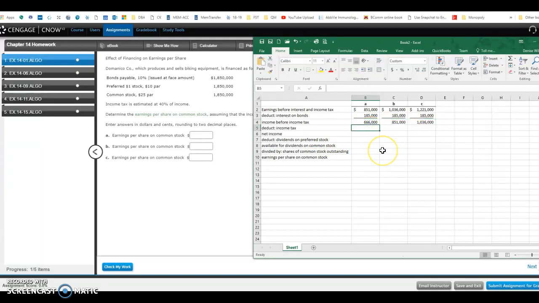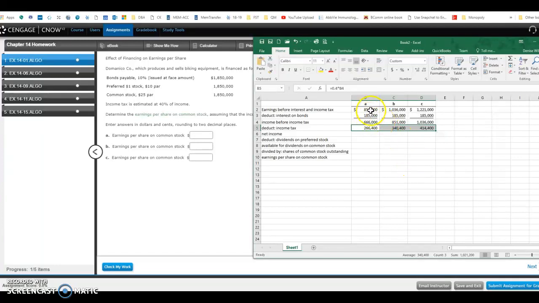The very next thing we're going to do is calculate our income tax. It tells us right here income tax is 40%, so this income tax equals 40% times the amount right above it. I'm going to copy that over, and we now have income tax for all 3 scenarios.